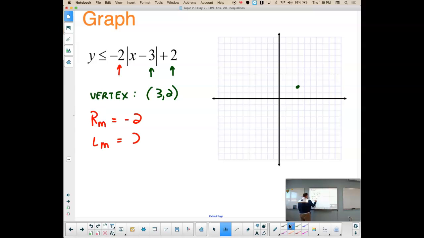My left side slope is +2. This one right here tells me we got a solid line.